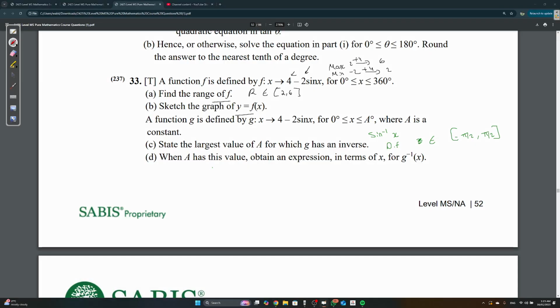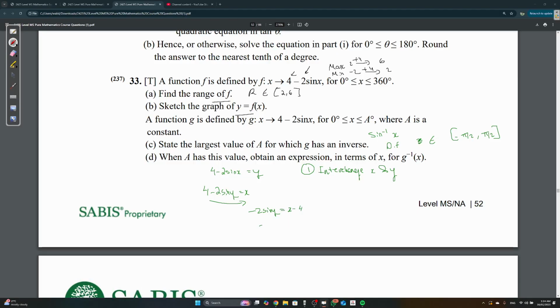Okay, 4 minus 2 sine x is equal to y. How do you find the inverse? You interchange x and y, so it's going to become 4 minus 2 sine y is equal to x. Take the 4 over there. You're going to get minus 2 sine y is equal to x minus 4.